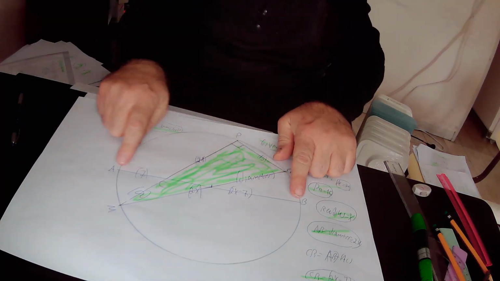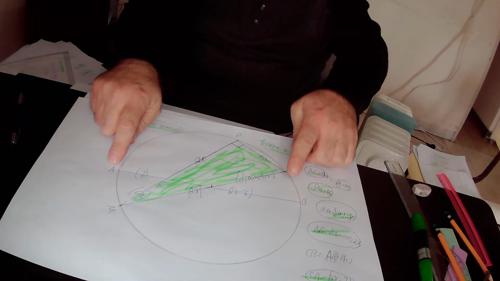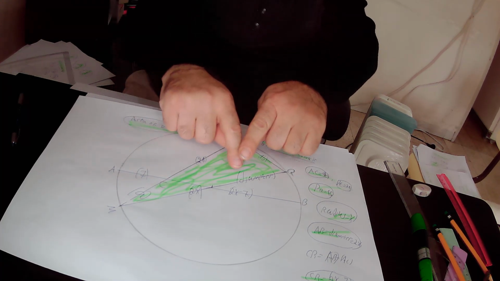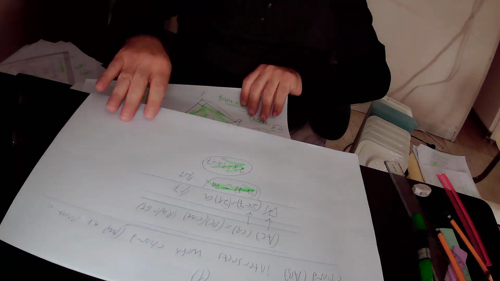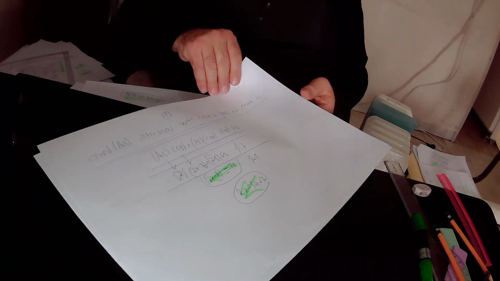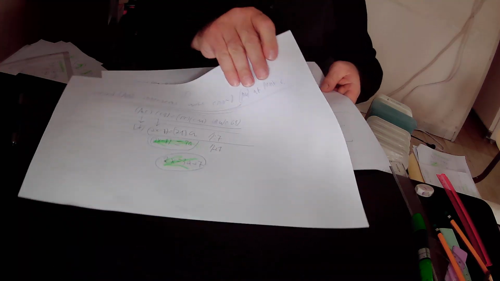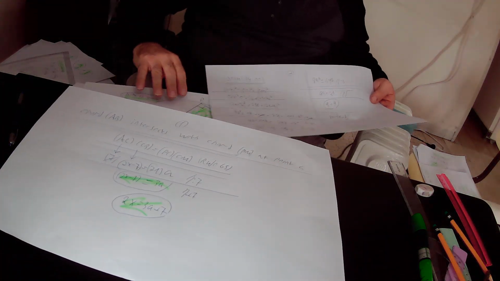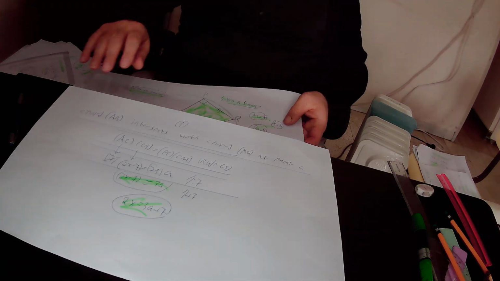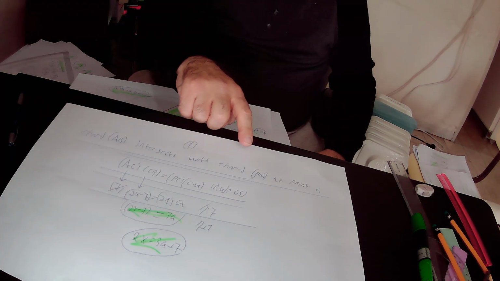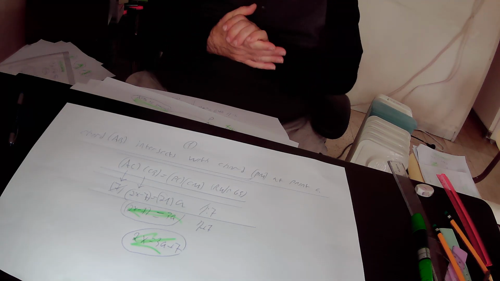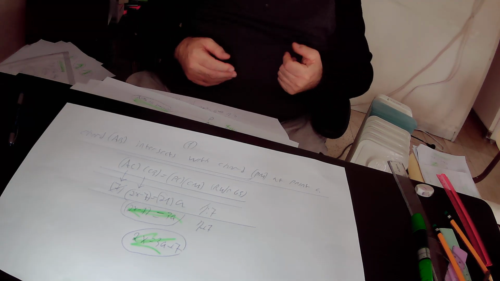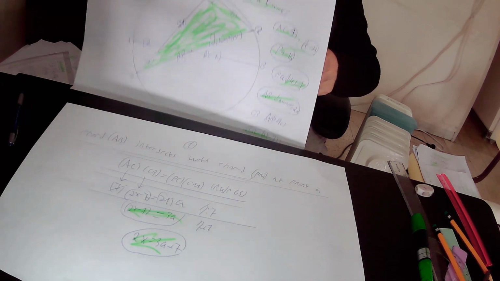In our drawing, chord AB intersects with chord PM at point C. So all the requirements of the chord theorem are satisfied, and therefore we can apply it in our drawing.